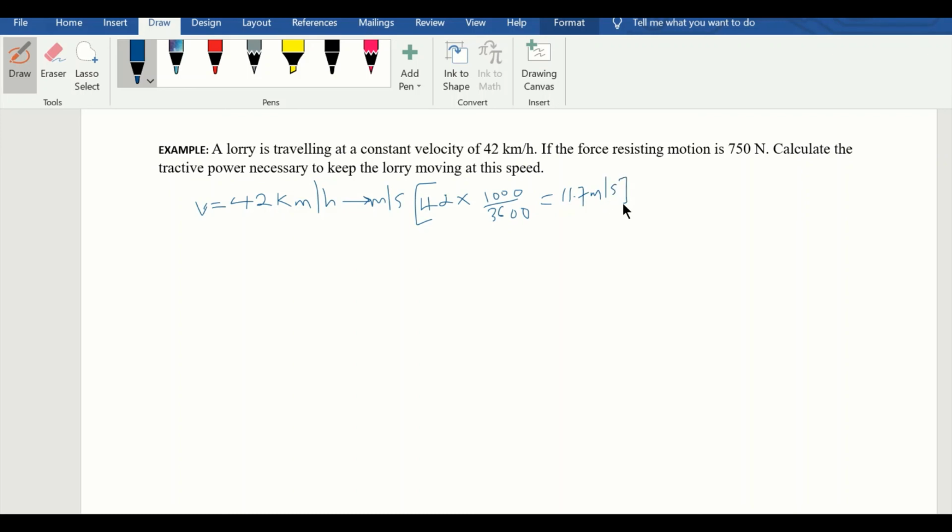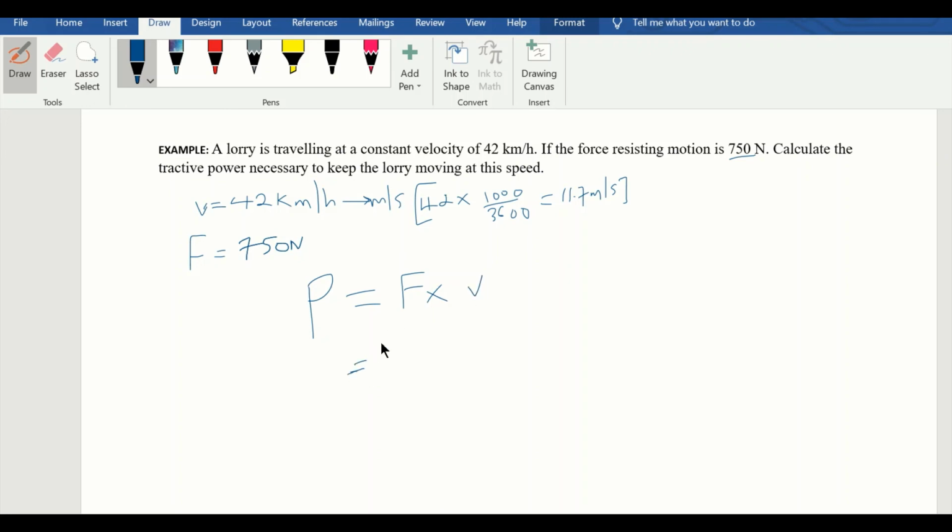Now, the force is given as 750 newtons. So my F is 750 newtons. And we are asked to calculate the tractive power. So I can say that my power is equal to the force times the speed.